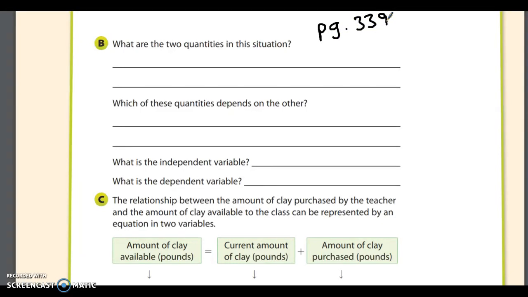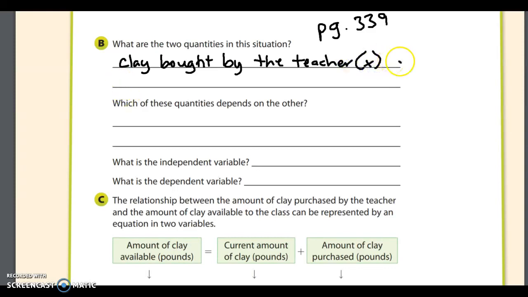Well, the two quantities are clay bought by the teacher, and that's the x-axis. You don't really have to, it doesn't really ask that. And clay available to the class. And that's the y-axis.